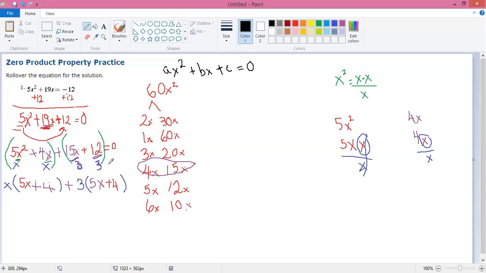So I pulled the 3 out. So that's why I put the 3 outside the parentheses, and then I open parentheses, and 15x divided by 3 is 5x. So I put the 5x in the parentheses, plus, then 12 divided by 3 is 4. So I put the 4 inside the parentheses and then close the parentheses. And then equals 0.